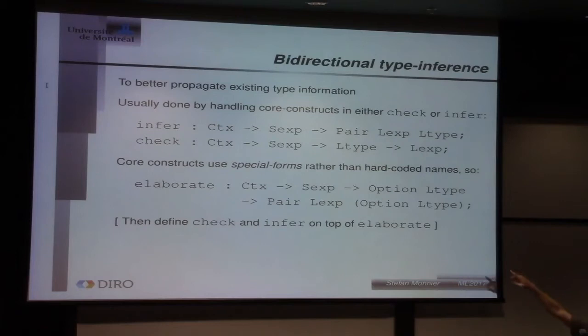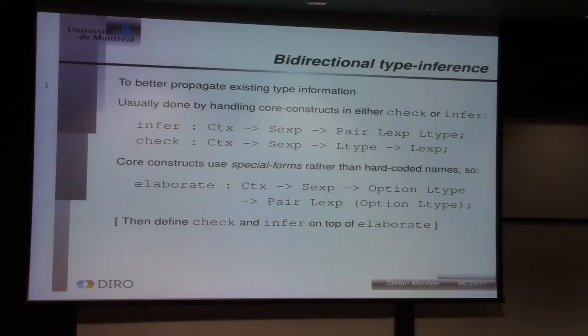The type of this elaboration function is not just a context and an S expression, but it also takes an optional type in case you want to check the typing as opposed to infer it. And similarly, the return value is not just an N expression and a type, but an N expression and an optional type. Because if you want to check its type, then you probably don't need to return the type, or you knew it beforehand.